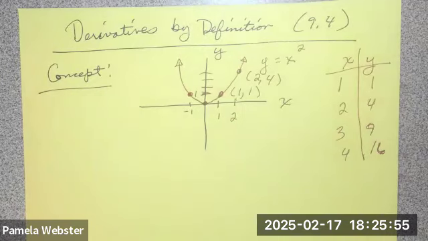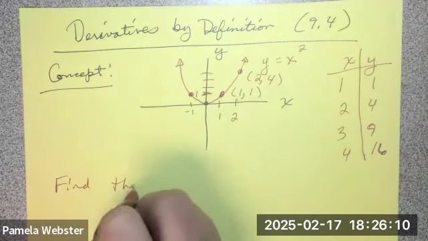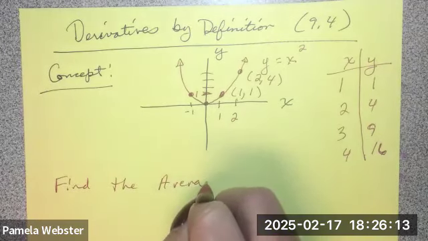So the idea that we're going to be dealing with here is we want to find, and again, I'm going to come back to that difference quotient stuff we already talked about, the average rate of change. Find the average rate of change.